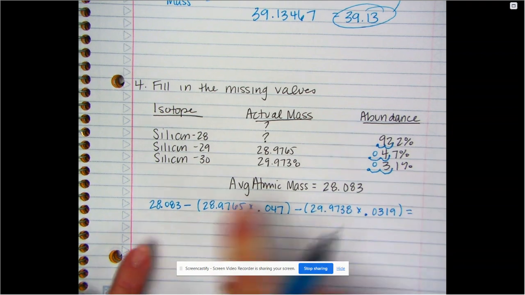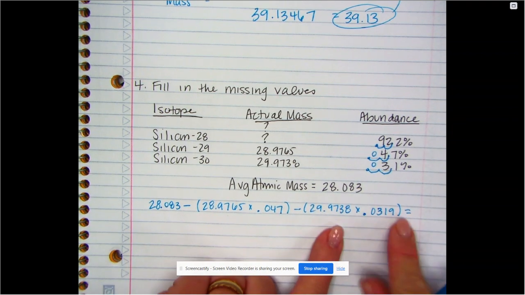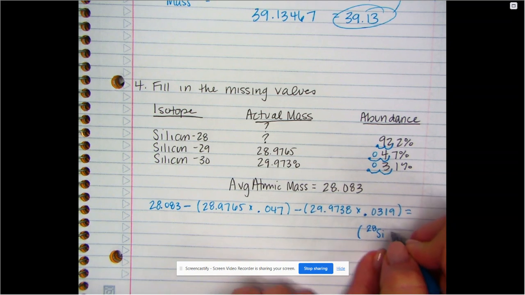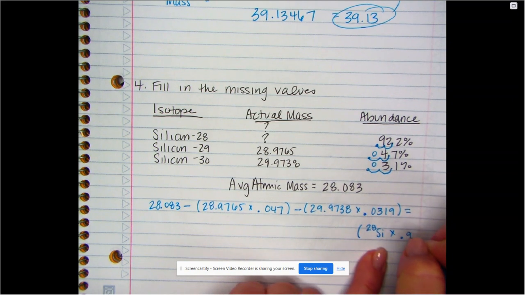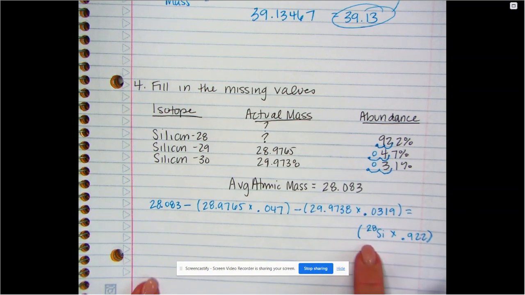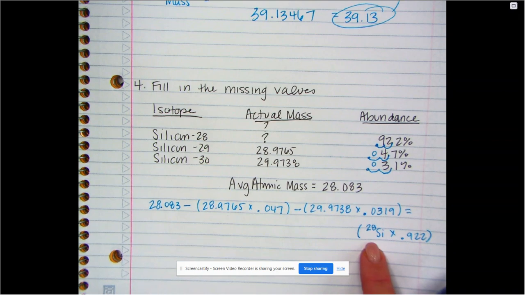And once I subtract all of that away, what I'm left with is the silicon 28 times its percent, 0.922. So I'm going to solve all of this off, set it equal to this. And if you think about the silicon 28 as x, I'm essentially just going to be solving for x.